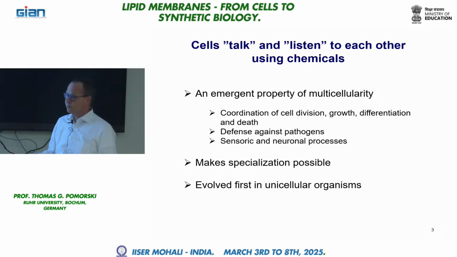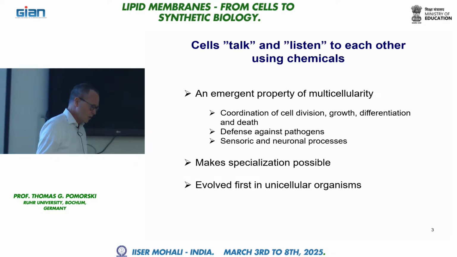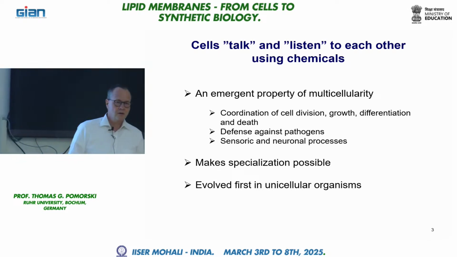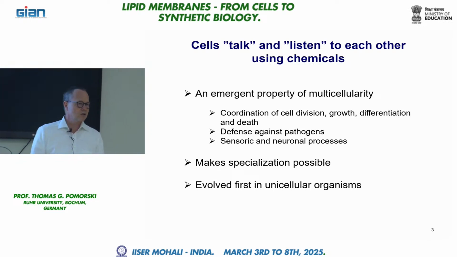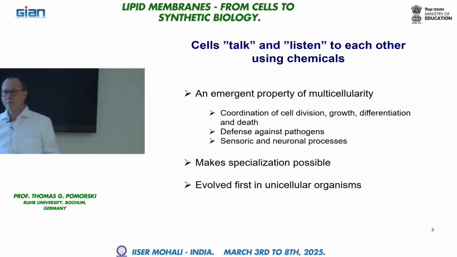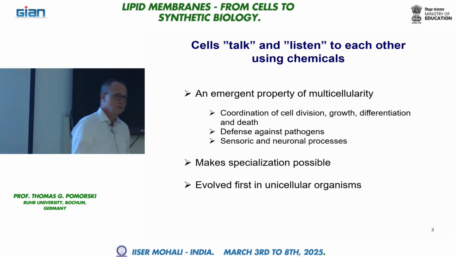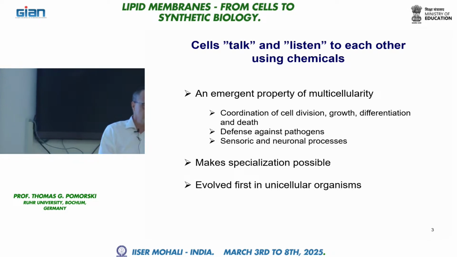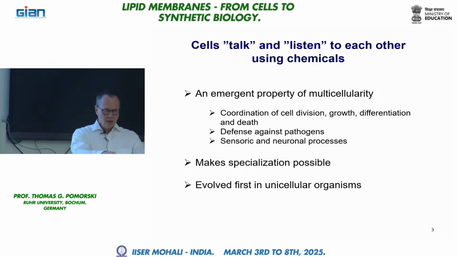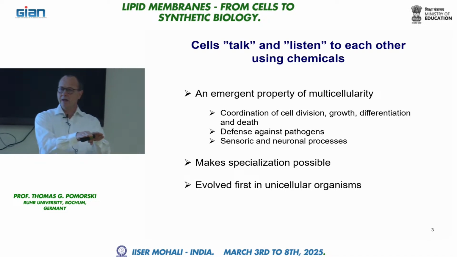It makes specialization possible. But most likely, this started earlier, already on the unicellular level. Already bacteria are able to talk with each other, to signal. One example would be biofilms. Maybe you have seen on lakes, depending on the weather conditions, a type of thin layer, which often consists of bacteria that start to aggregate.